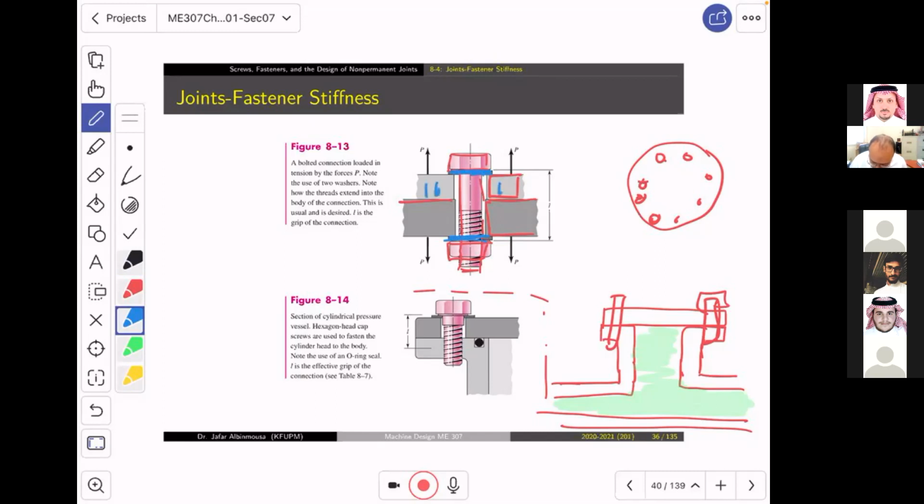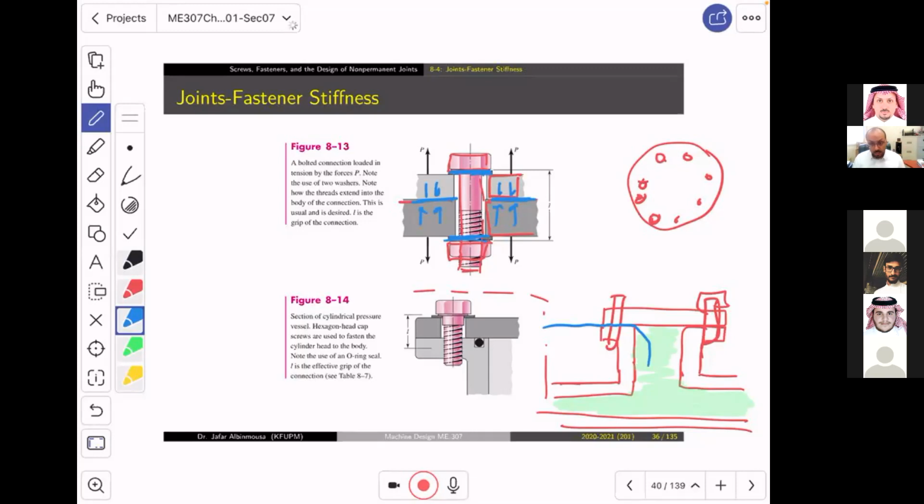You will provide a clamping force. What is the purpose of the clamping force, guys? It is so that the fluid in this area does not come from outside and go out. This could be very dangerous fluid or gas that kills people, or it's flammable, it just burns.